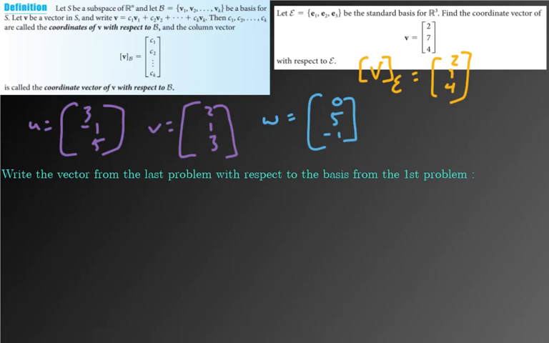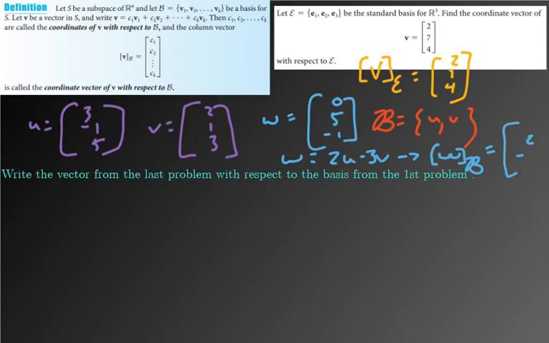Some basis is defined by the set of u and v, and w equals 2u minus 3v, which isn't too hard to see. So w, in little brackets with a script B, because that's how I'm labeling my basis, will equal the vector (2, -3). So sometimes it can totally change it.